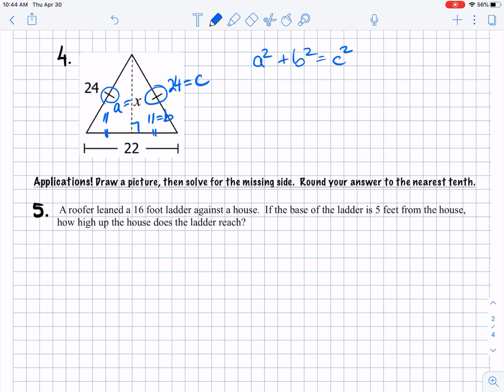And we're going to have to substitute. So a squared is x squared plus 11 squared equals 24 squared. So 11 squared is 121, and 24 squared is 576.